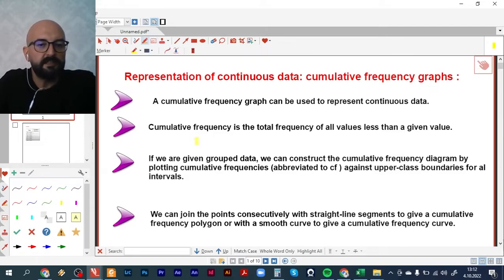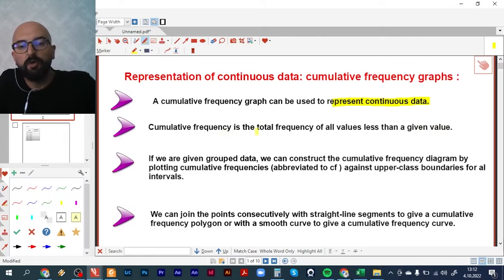If you remember, a cumulative frequency graph can be used to represent continuous data. A cumulative frequency is the total frequency of the values less than a given value. So in a cumulative frequency, we use the total frequency.